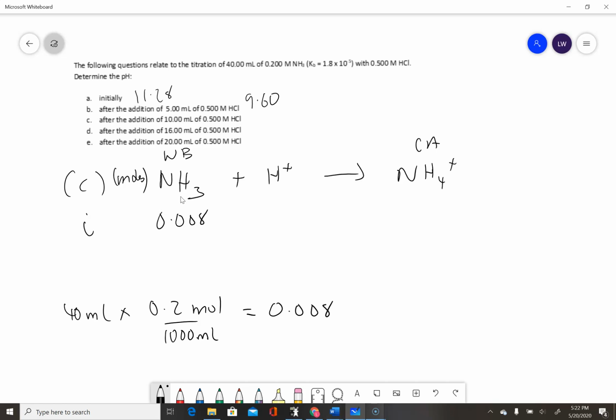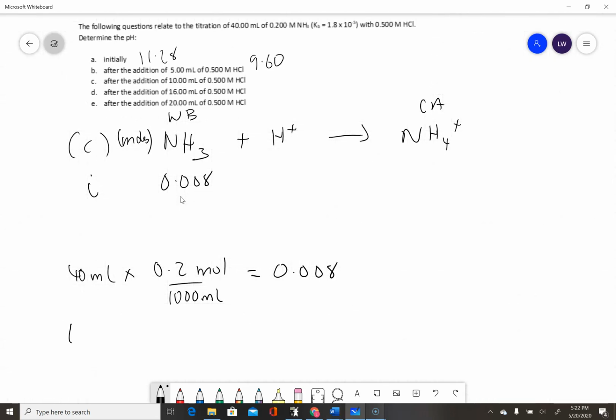Okay, now how much acid did we add to that? Well, it was a total of 10 mils, and the concentration of it was 0.5 mole per litre. So there we go, 10 times 0.5 on 1,000, and that is 0.005. So that's going to be 0.005, and this will be 0 to begin with.